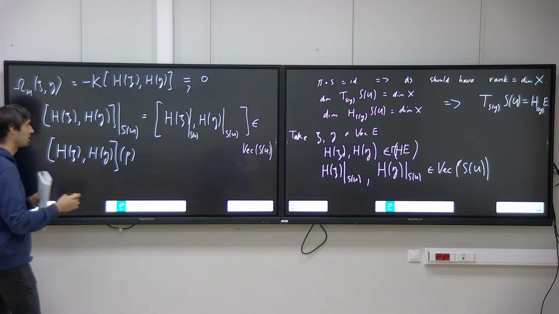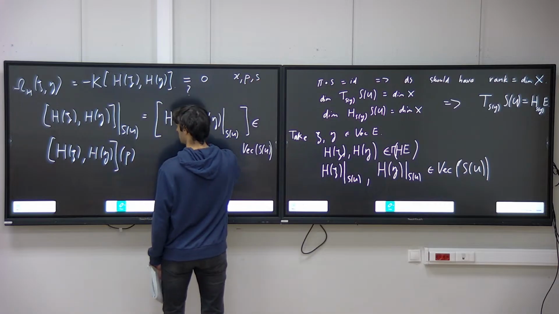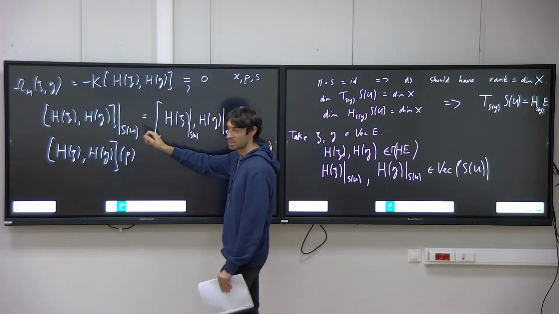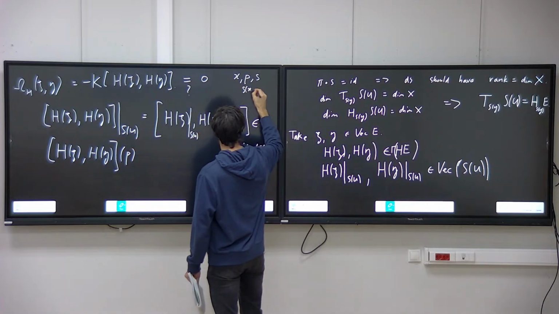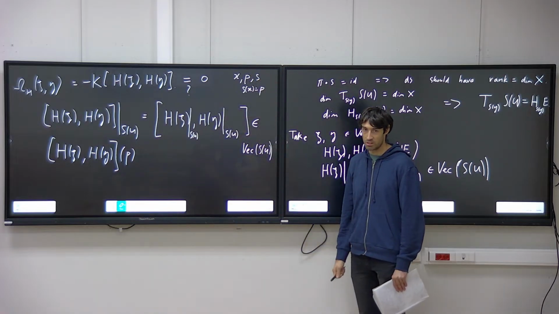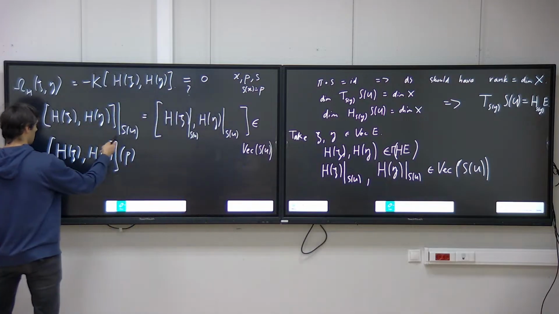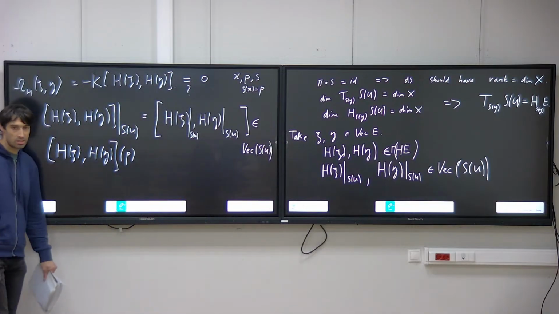Right, so remember I had this x, and then in the fiber of x I had p, I had s, which is this s, such that s of x was p. So p is inside s of u. So if I take p, this will be one of the values of this guy.